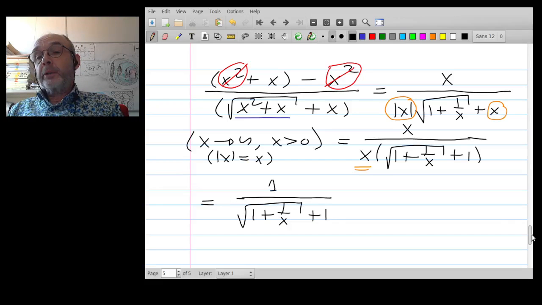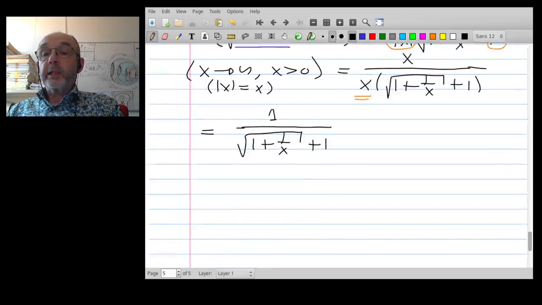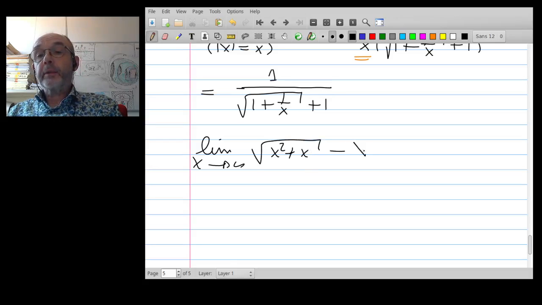Now, so we have calculated a little bit, and so the limit which is asked, the limit from x going to infinity of the square root of x squared plus x minus x becomes equal to the limit from x going to infinity of that expression we have just calculated.